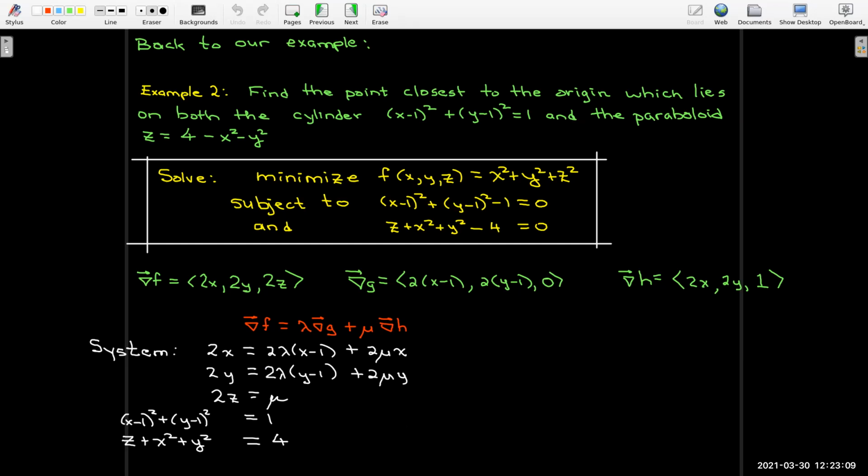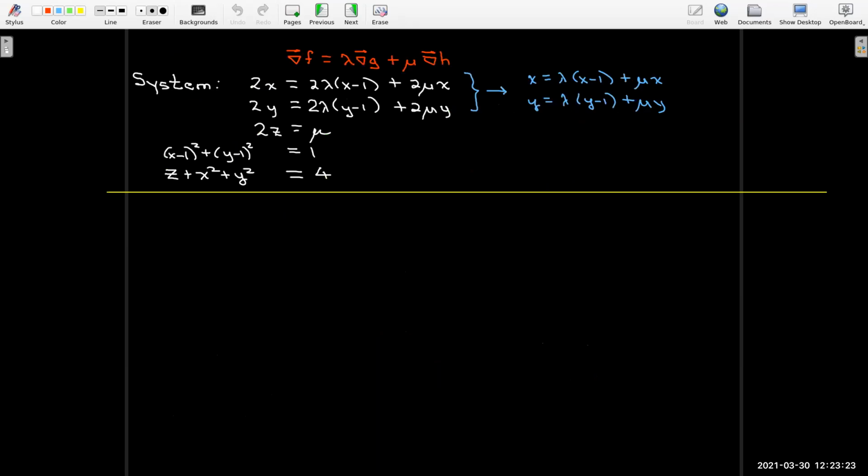So let's see how we could reduce that first. I can see a common factor of 2 on both of these equations, so let's reduce those to the following equations. On those reduced equations, now I've got two Lagrange multipliers. Again, I'm going to follow the same type of strategy that we used before.